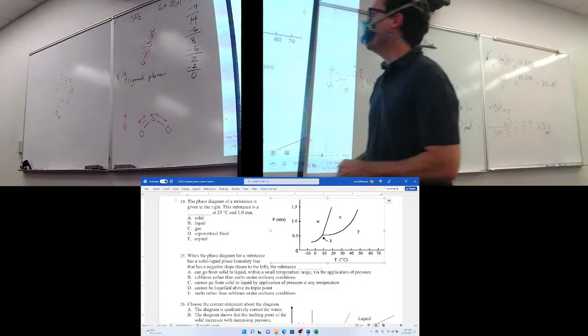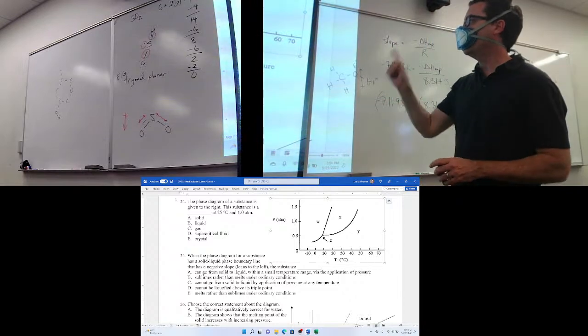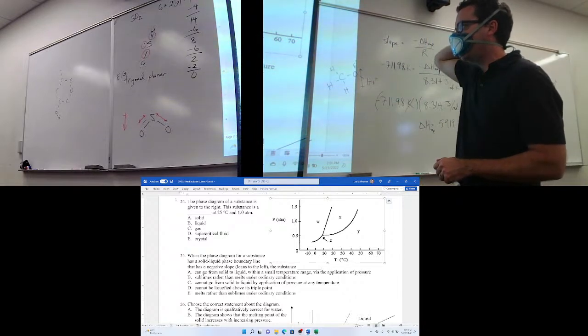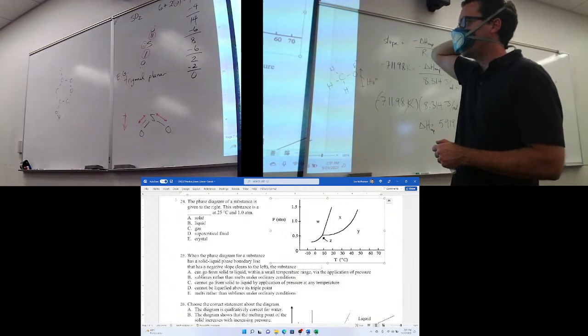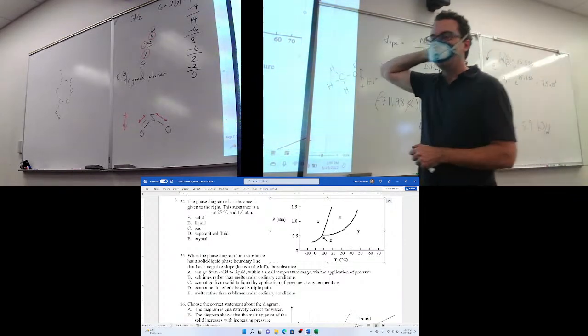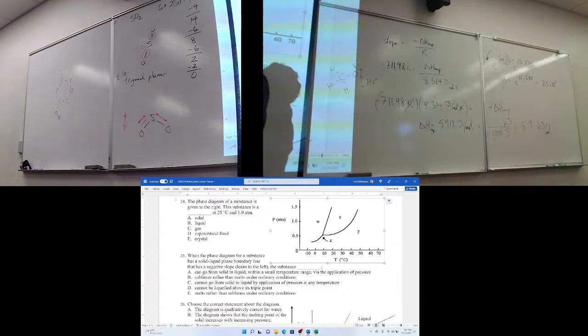And what happens in that case? Can go from solid to liquid within a small temperature range via the application of pressure. Yeah, that's true. So with a positive slope like this, if I increase the pressure, I will go from liquid to solid. But if the slope goes this way, draw it.